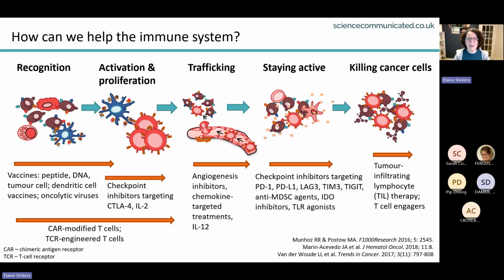You might have created some really powerful cancer-fighting T cells, but they don't necessarily know where the cancer cells are to find them. And when they enter into a tumor environment, they can quickly become suppressed. So there's extra obstacles when it comes to creating a modified T cell therapy for a solid tumor.